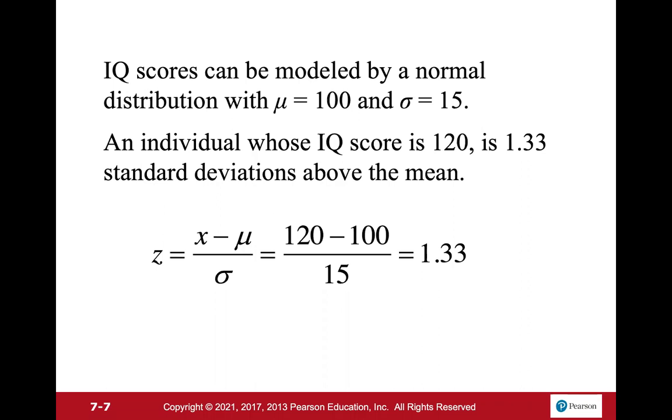X is 120, the mean is 100, and the standard deviation is 15, and they gave us those values here. So that's how they came up with this. They just subtracted the 2 at the top and then divided by 15, giving us 1.33.